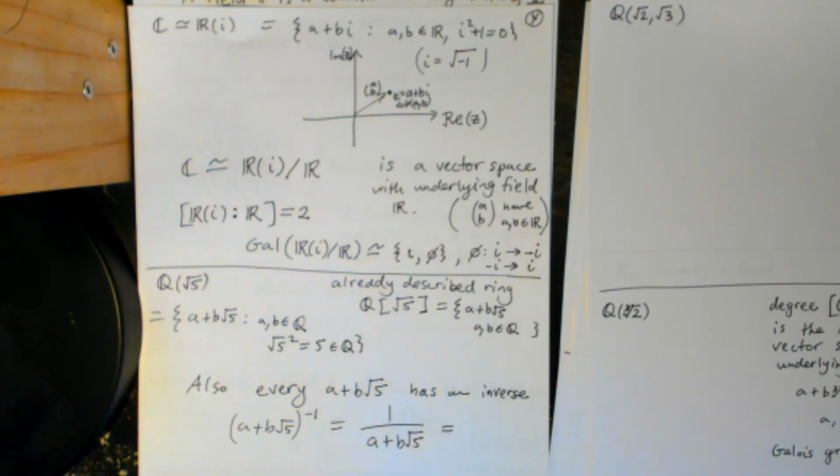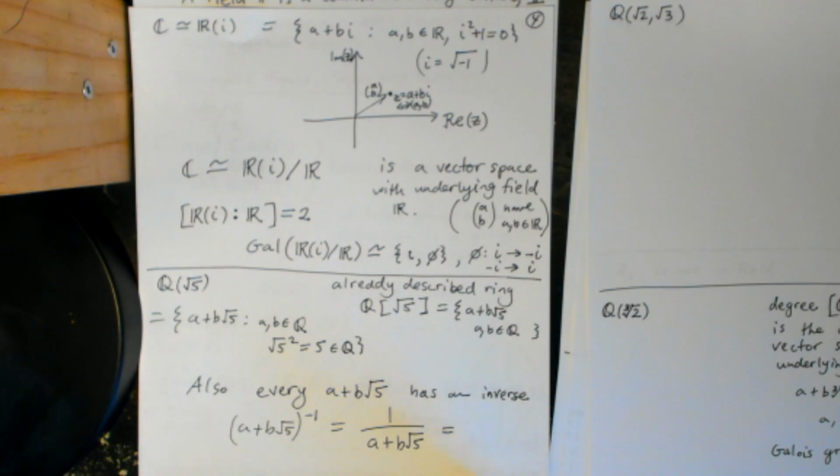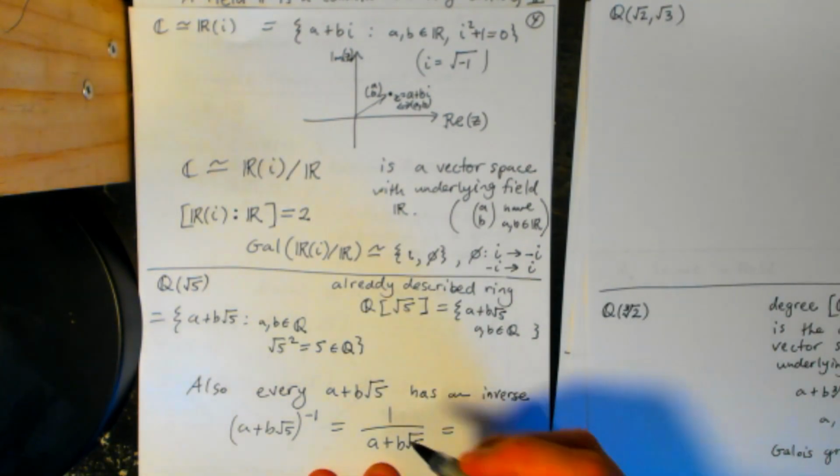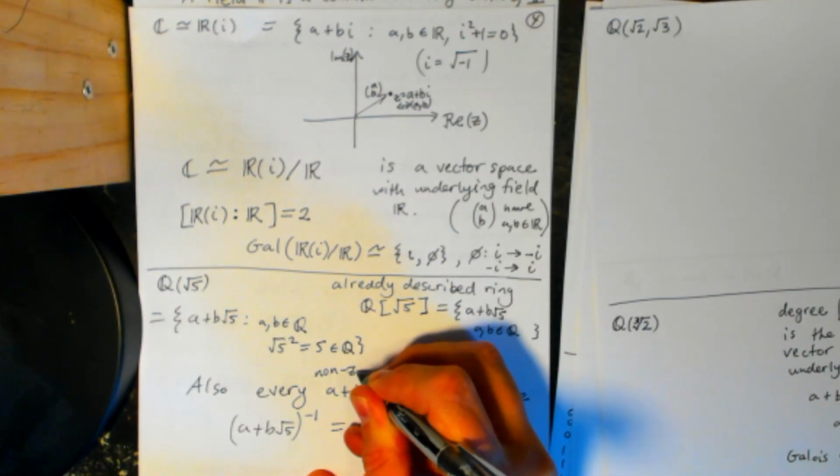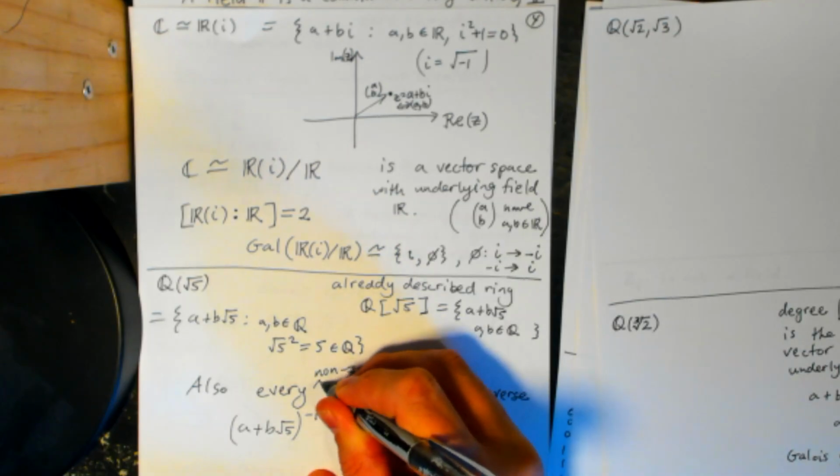Okay, and so I'll just show you that this is actually in this original set, because what I can do is multiply here by the, actually I should say every non-zero element, because I forgot about that here.